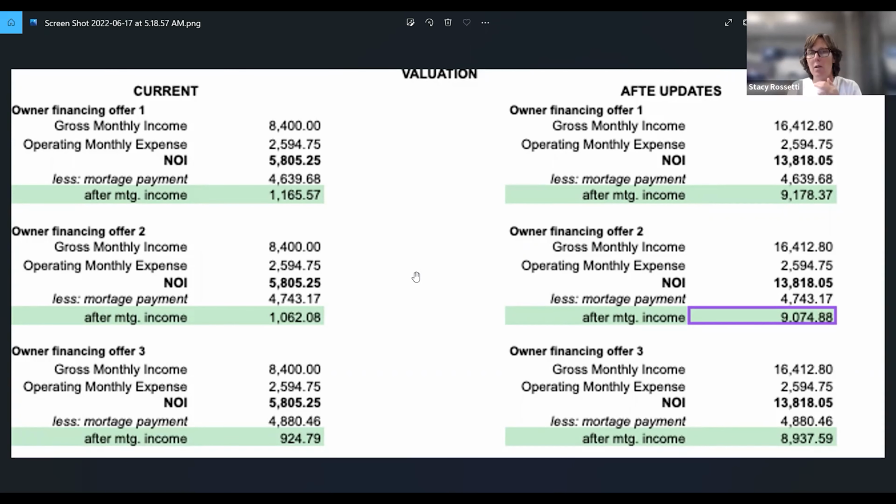Now, obviously, you can have a whole calculator to look at this, and we're actually in the process, for all my students that are listening right now, of adding a tab to our deal analyzer that's going to calculate this, right?